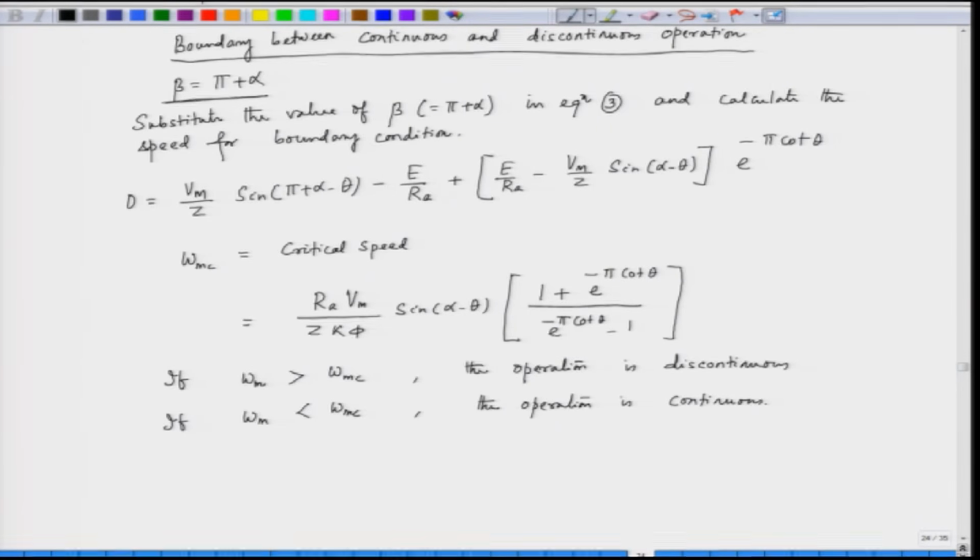Now, let us try to draw the torque speed characteristic under discontinuous current operation. If the current is discontinuous, what we observe here is the following. Let me draw the output voltage once again. We are having the back EMF here, which is E, and the triggering at an angle alpha.